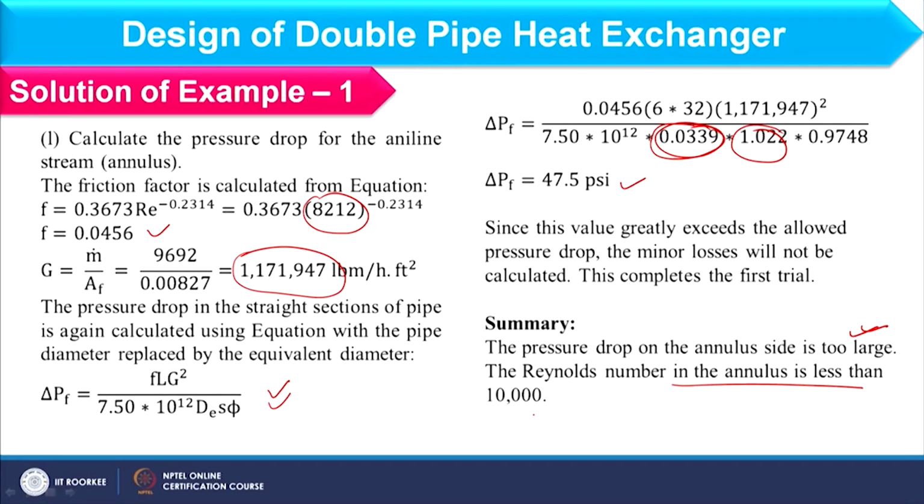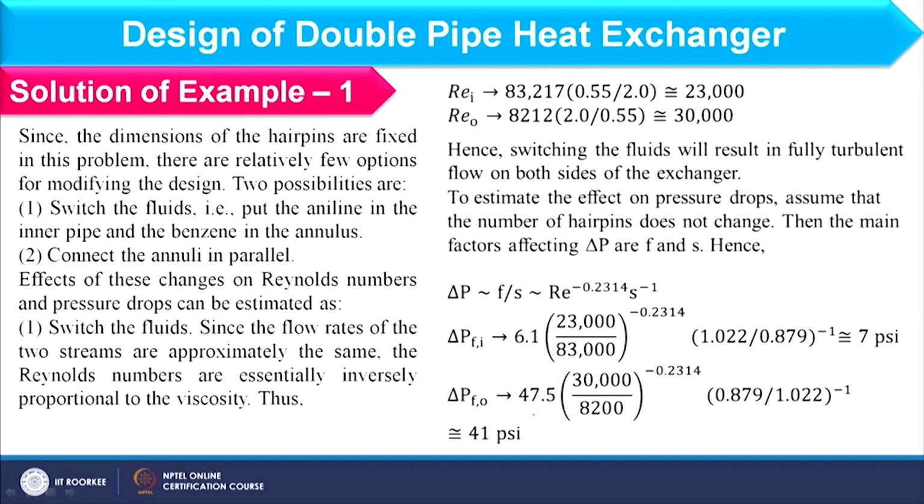Okay. So, what can we do to overcome this? We have two possibilities. First, we can switch the fluids, and second, we can connect the annuli in parallel, fine. What we have to do here is not focus on the inner side, because there we are already on the safer side, right.